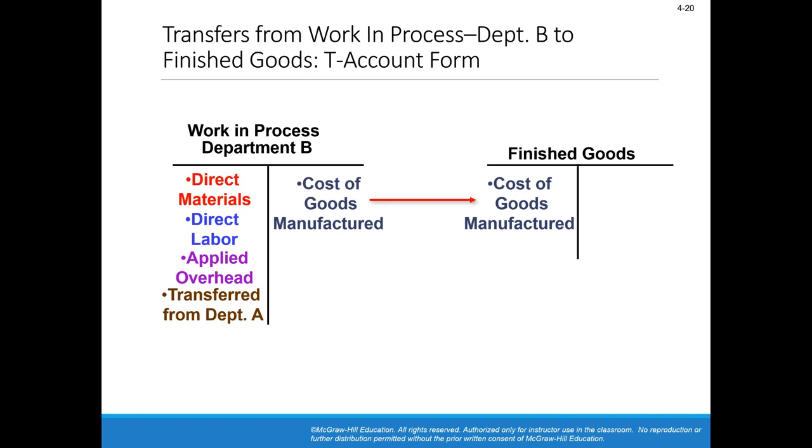So the difference is that we went through 2 different departments this time, and now we're pulling out of B as a finished product, and we're going to move it into finished goods. So in this example, with the way they're showing us, it's not coming out of Department A as a finished good. Department A will take some material and have their labor and have their manufacturing overhead cost it.